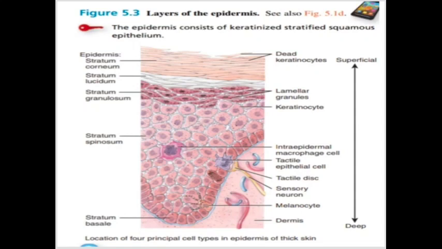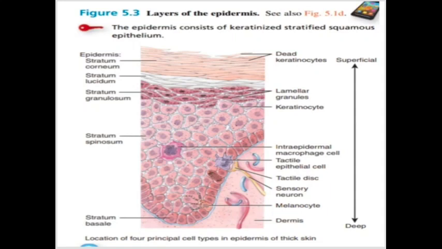Another important feature of the cells in this layer is that they contain lamellar granules as well. These lamellar granules release lipid-rich secretions and they are water repellent. The water repellent characteristic of the skin or the integument is because of the lamellar granules secreted in stratum granulosum.